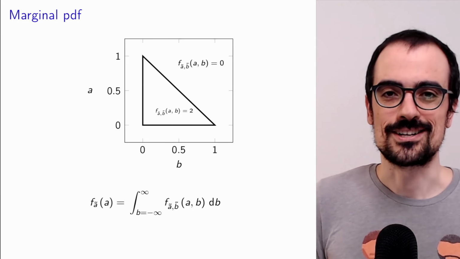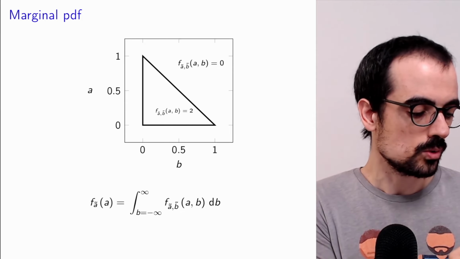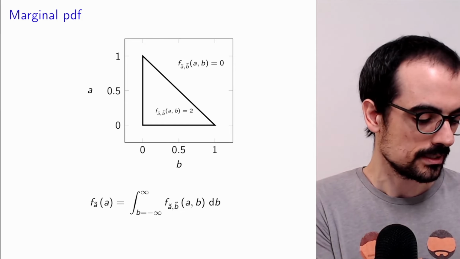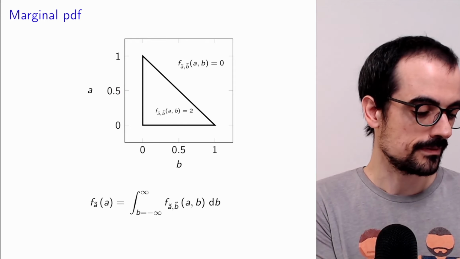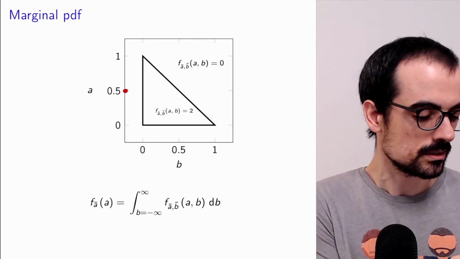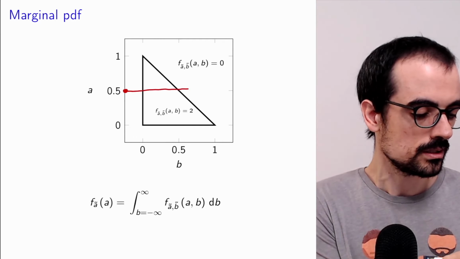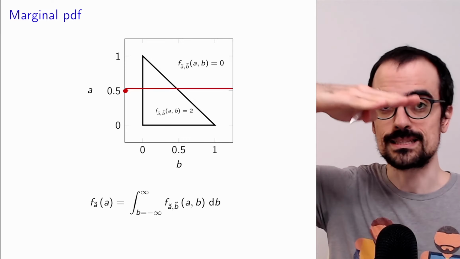Let's take a look at our example again. So now the idea is that if we want to know the density at a certain point, let's say here at 0.5, what we're going to do is integrate the 2D joint PDF over that line.